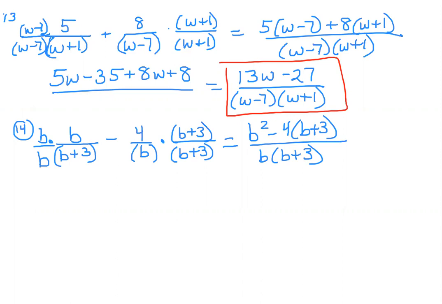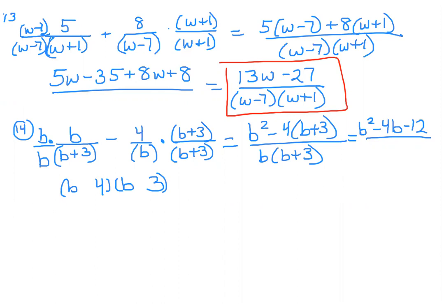Okay, we have to simplify the numerator. This negative 4 has to distribute to both of those. So we get negative 4b minus 12 in the numerator. And can that factor? Is there anything that multiplies to give you a negative 12 and adds to give you negative 4?